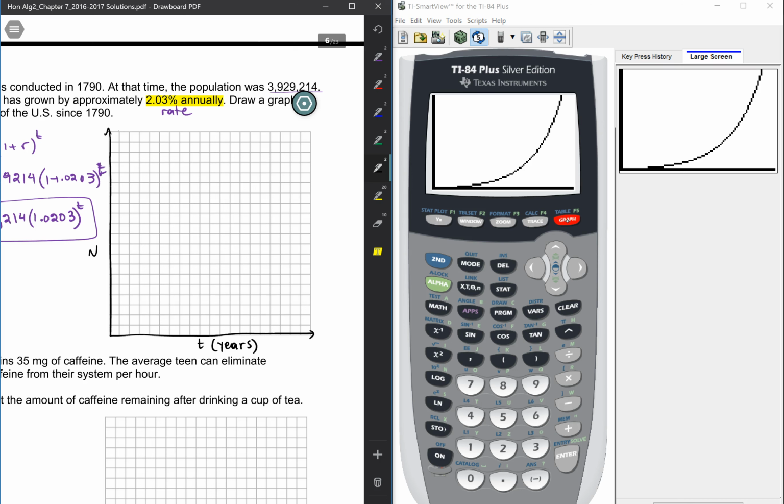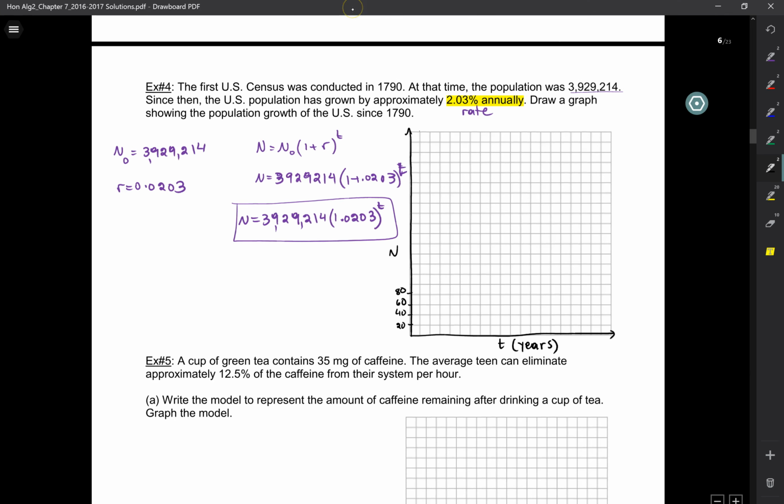Okay. So here's what we're going to do. Hang on. Give me 1 second. So this is going to be 20 million, and then 40, and then 60. Does 20 million work? In the millions. Yes. So here, this is going to be n in millions.